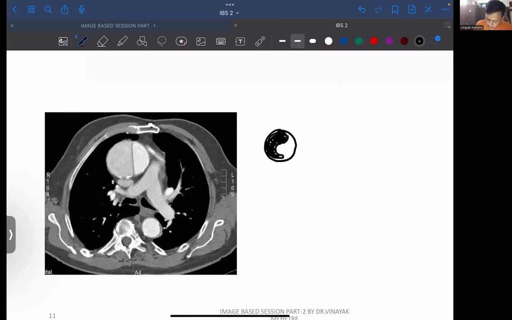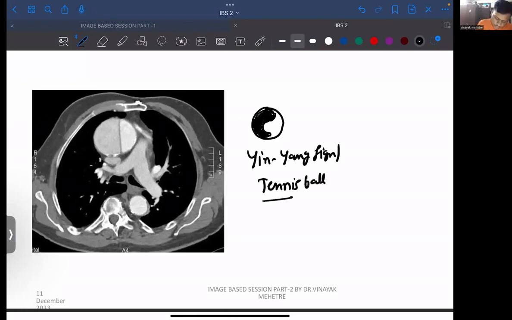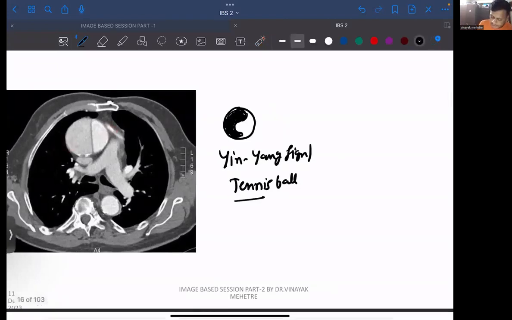You would have seen a ball or image which has black and white, right? This is called the yin and yang sign. One is white, one is black. It is going to be seen in aortic dissection.